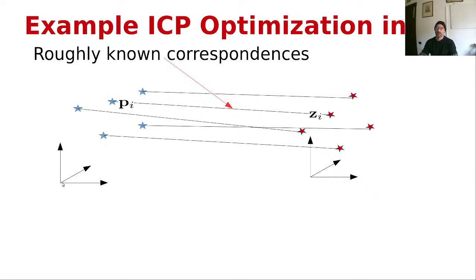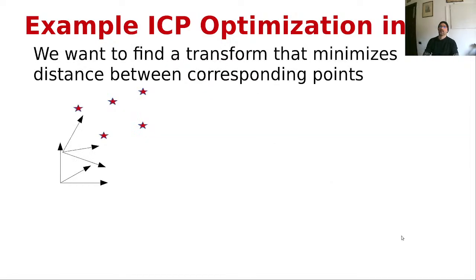This is the initial reference frame from where we acquired the points. If I would know that this point corresponds to this point corresponds to this, and so on, then I could easily determine the relative transformation between the two reference frames just by calculating the transform that minimizes the distance between each point in the first cloud and each point in the second cloud after applying the transformation.